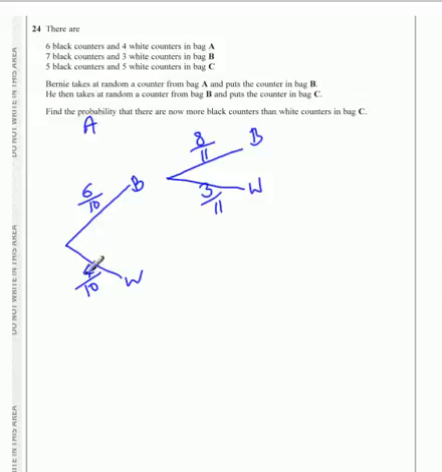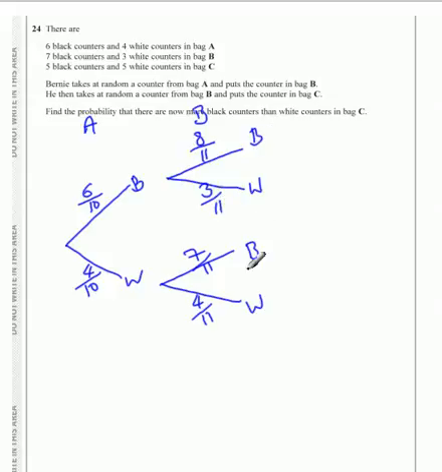If we took out a white one to start with, then we would put that white one into bag B, which would mean that we have 4 white ones out of the 11 there now, but still 7 black ones. So this is our bag B.